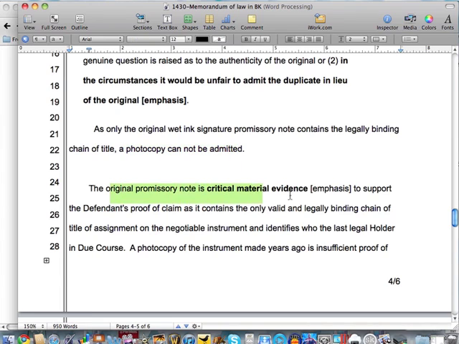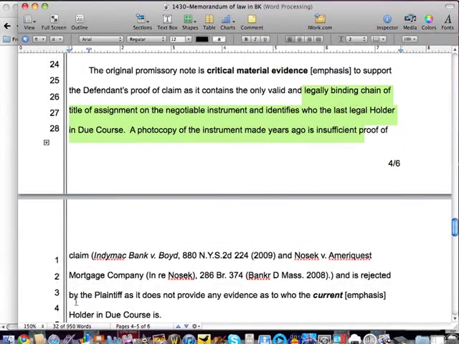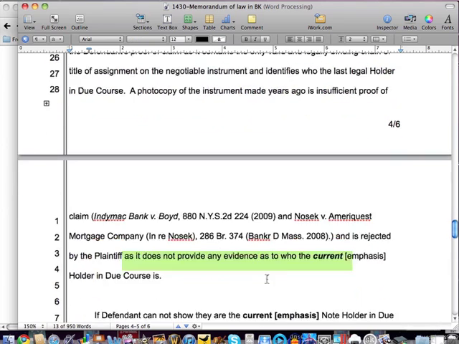The original provides a critical piece of evidence, having the only valid and legally binding chain of title of assignment of the negotiable instrument, identifying the last legal holder in due course. A photocopy made years ago is insufficient proof of claim and is rejected by the plaintiff as it does not provide any evidence of who the current holder in due course is.